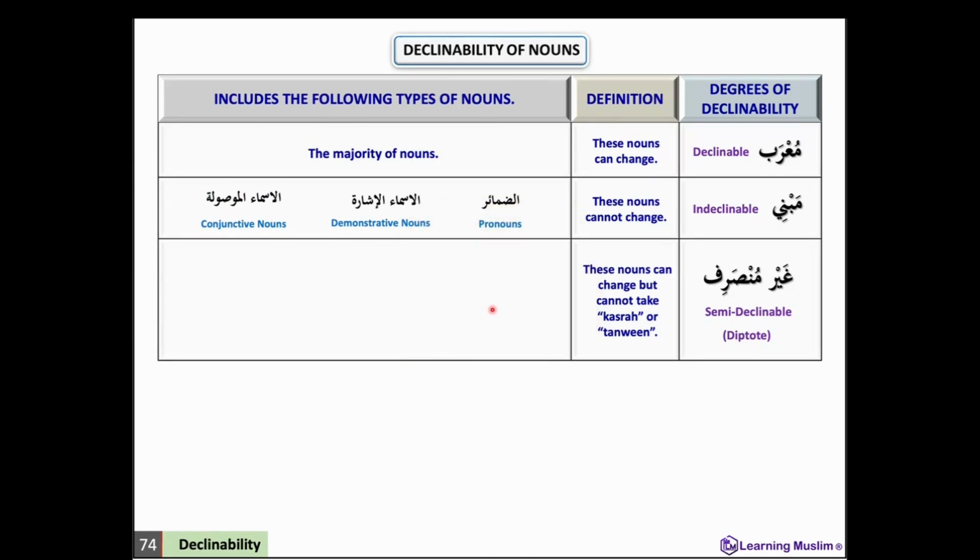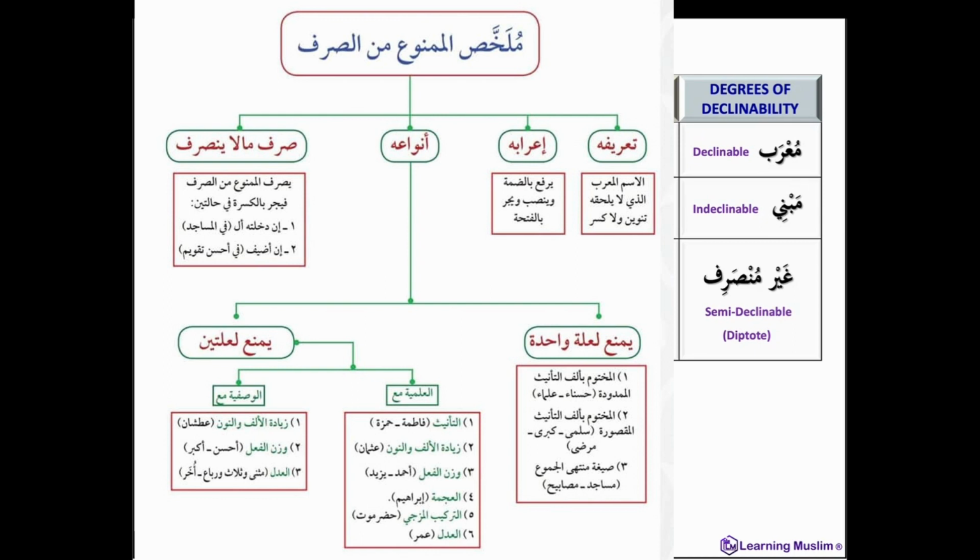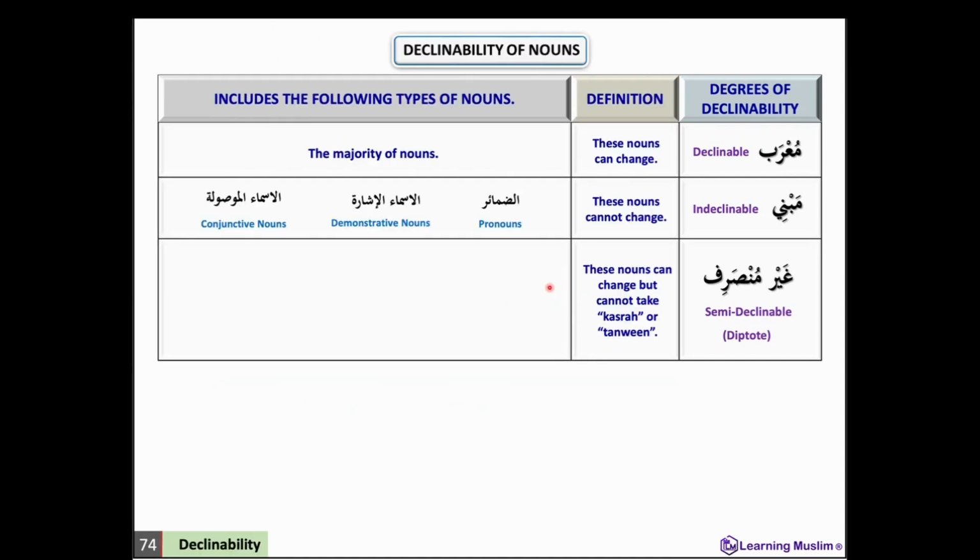And for غير منصرف, under this category, we have a list of nouns with very detailed rules that would categorize them under غير منصرف. But for simplicity's sake, we will only list a few examples over here.